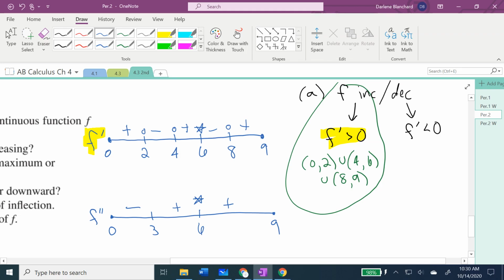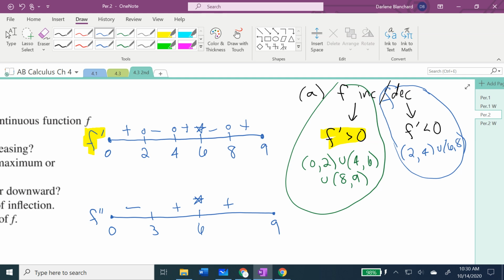Okay. And then f prime is negative from 2 to 4 and 6 to 8. And another thing you need to get into the habit of doing is always naming your function the whole way through and not pronouncing "it," because people make the mistake of saying its slope is negative.